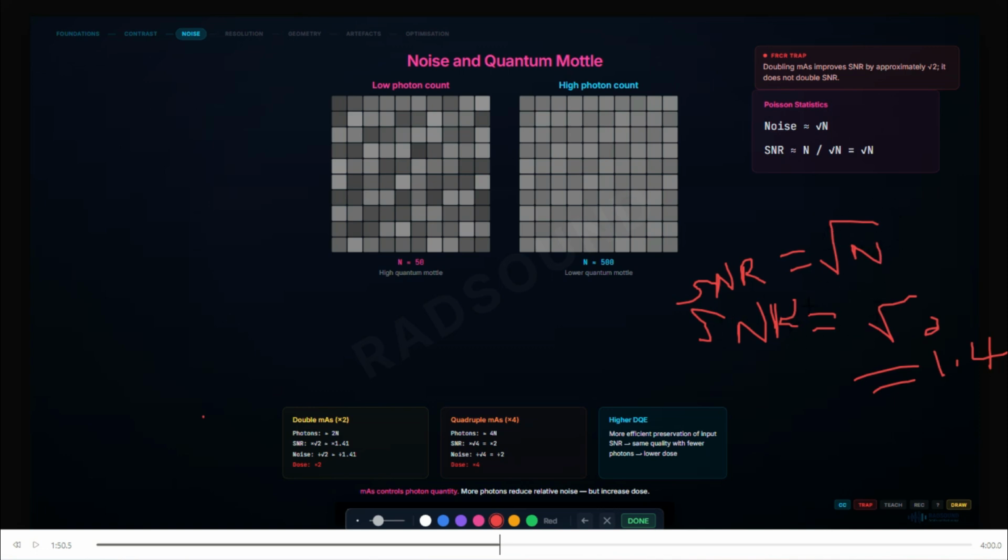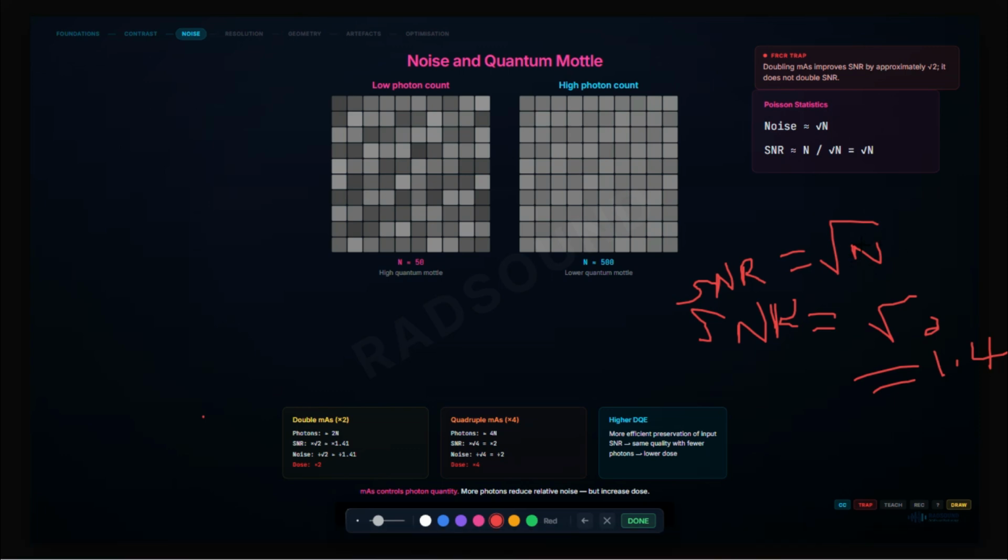If we double the mA, which is the tube current, the signal-to-noise ratio equals the root of that. So if we increase the mA by 2, by doubling it, the signal-to-noise ratio will increase by 1.4, not by 2.